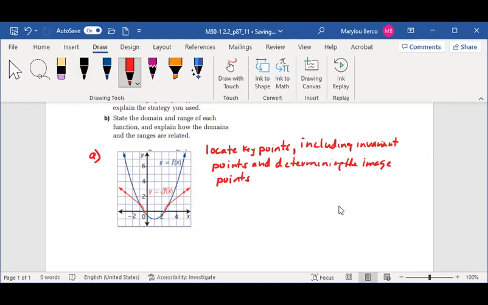Okay, so state the domain and range of each function and explain how domains and ranges are related.